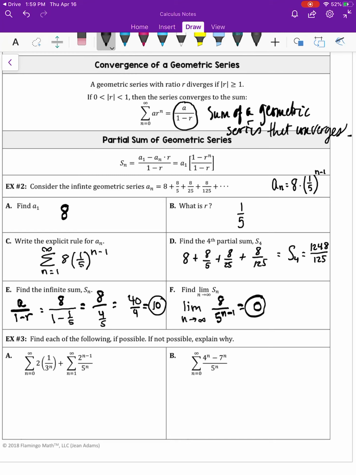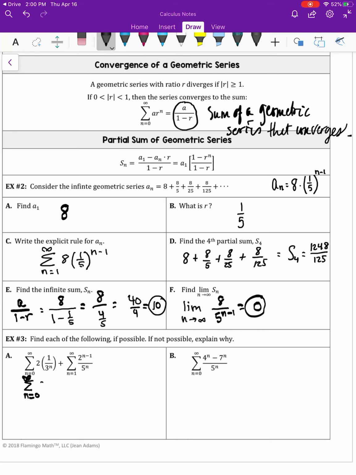Okay, so for this one, it's the summation from n equals 0 to infinity of 2 times 1 over 3 to the n, plus the summation from n equals 1 to infinity of 2 to the n minus 1 over 5 to the n.